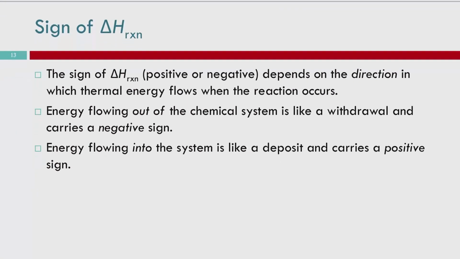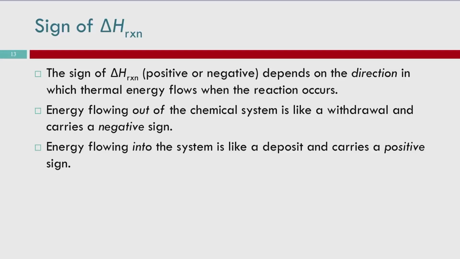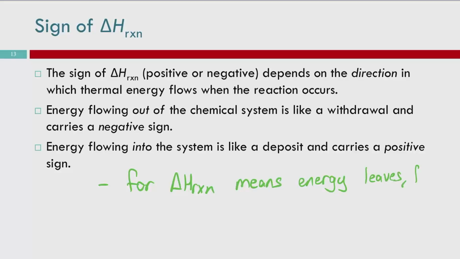So delta H can have a sign, positive or negative, and this depends on the direction that the energy flows. A negative delta H of Rxn means heat, energy, leaves, flows out.